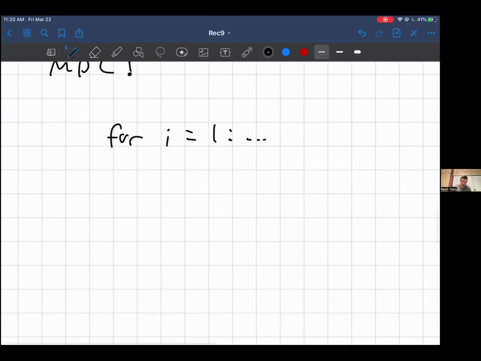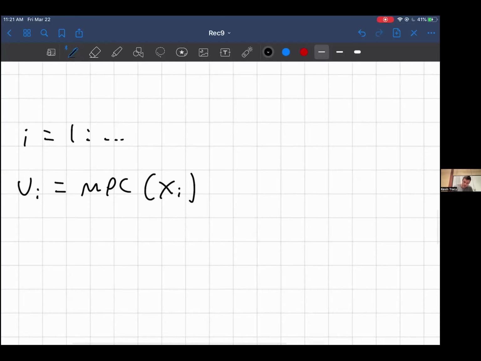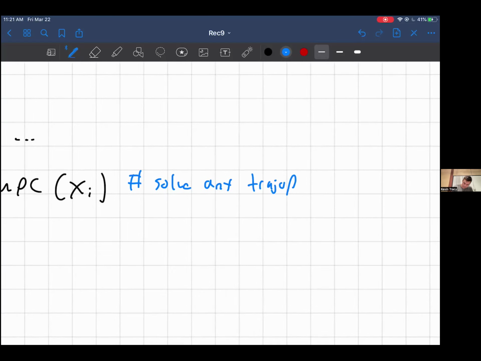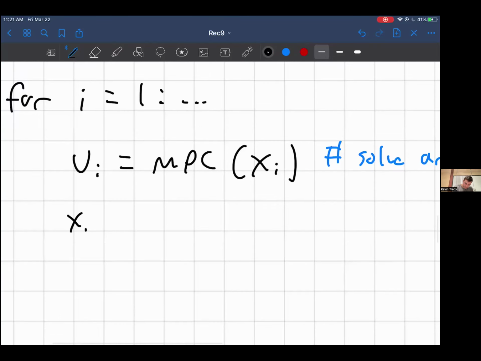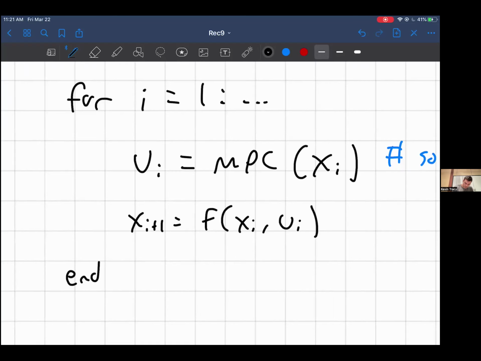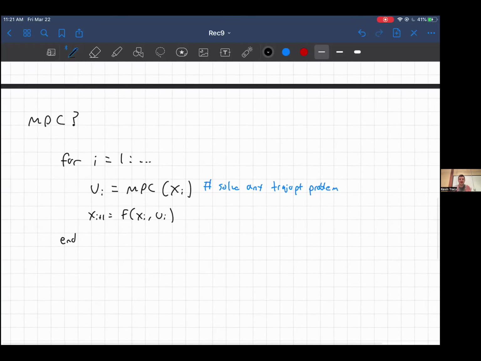If I'm doing some simulation, and I do U, so to write it out in code, MPC is anytime I do this.